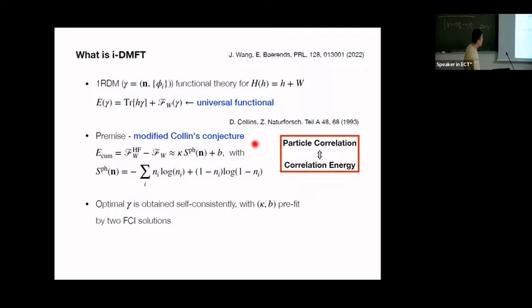This entropy is designed for fermions, so it's a particle-hole symmetrized entropy. You see there's one term that involves the one-particle RDM, and the second term actually involves the one-hole RDM. So this is already a departure from the original Collins conjecture.